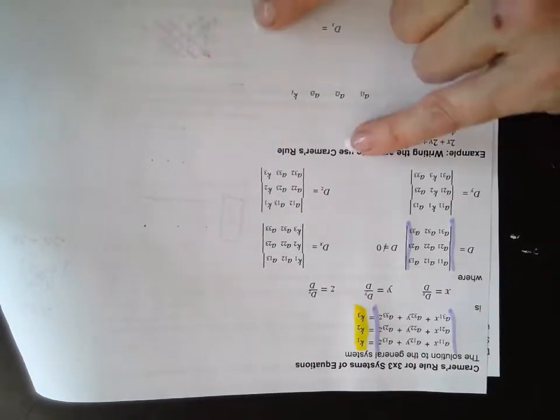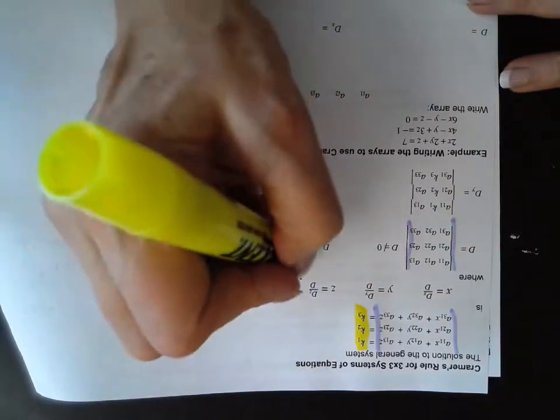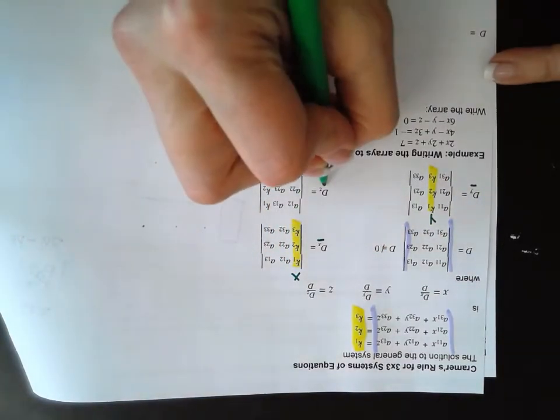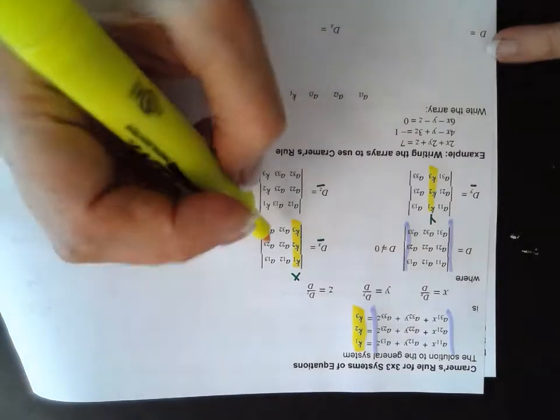But when you're finding your D of x, you replace your x column with the k. When you're finding your D of y, you replace the y column with the k. And when you have the z, you replace the z column with the k.